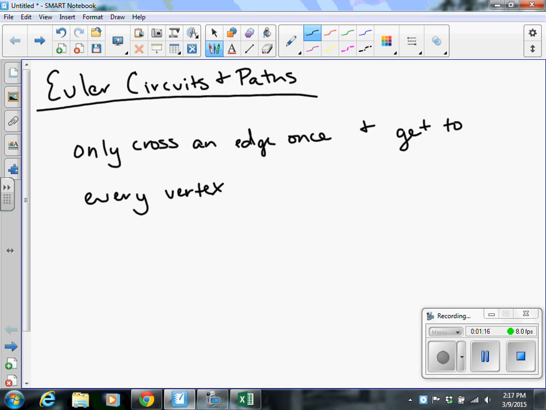Sometimes on the back of cereal boxes, they'll have these things and you'll have to try to figure out if you can go from one point to the next without lifting your pencil and reach all of them. So you can only cross an edge once, you can't lift up your pencil, and you have to get to every vertex.